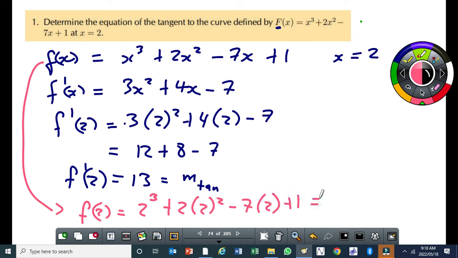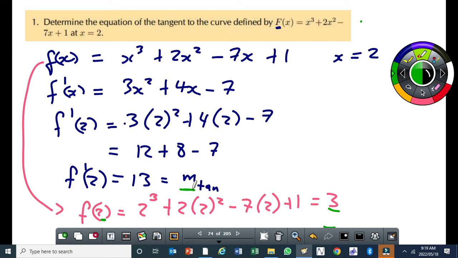If you simplify this, you get 8 plus 8, that's 16. 16 minus 14, that's a 2. 2 plus 1, you get 3. So the value of y at the point of contact is 3. The value of x there, obviously, is a 2. I determined my gradient. Therefore, I can now find the equation of the tangent.